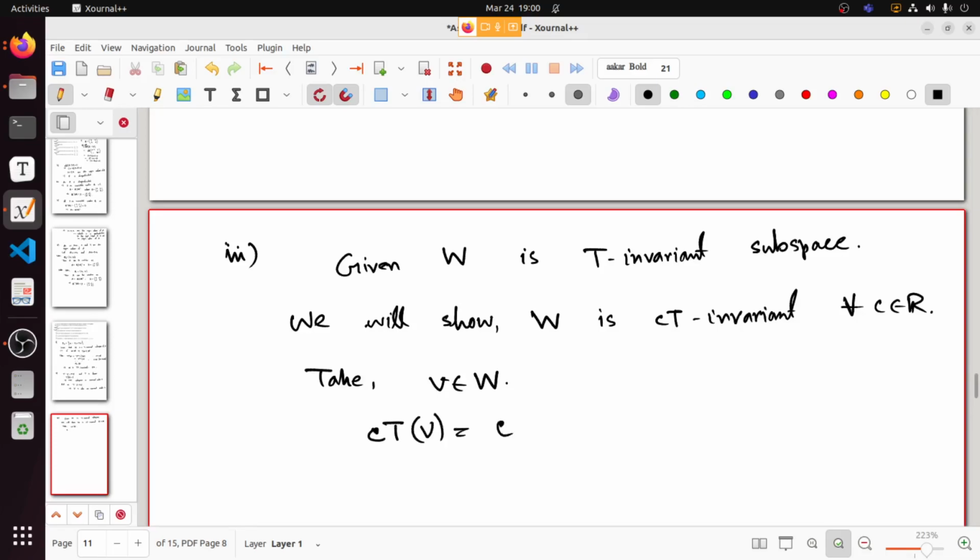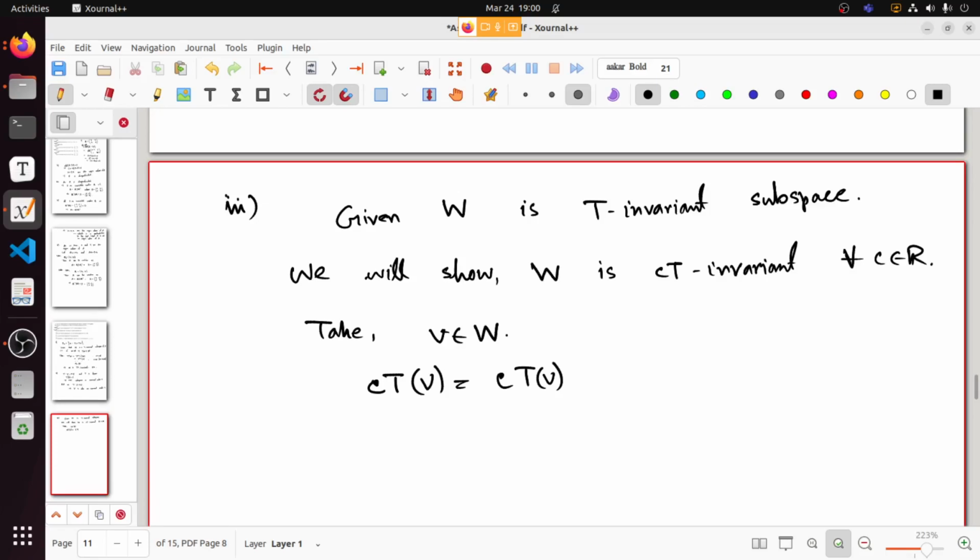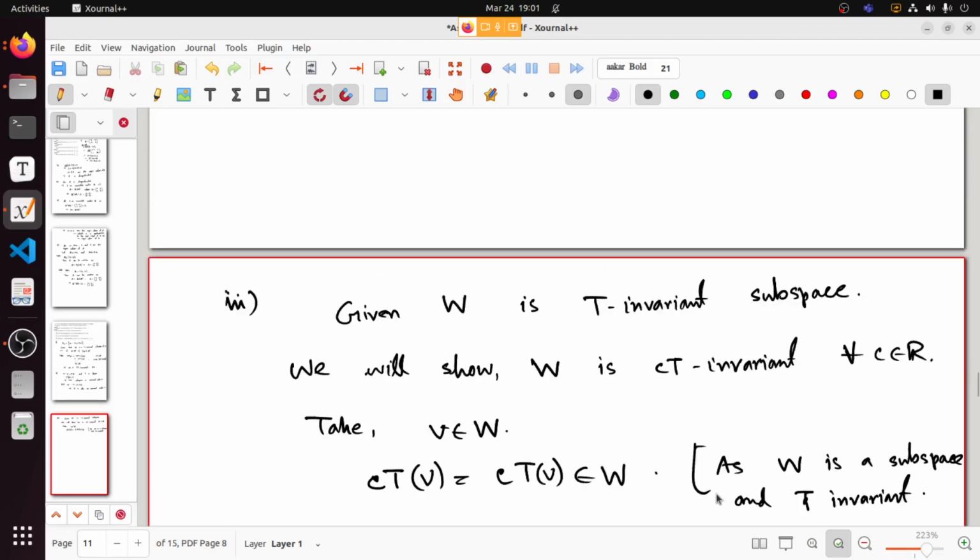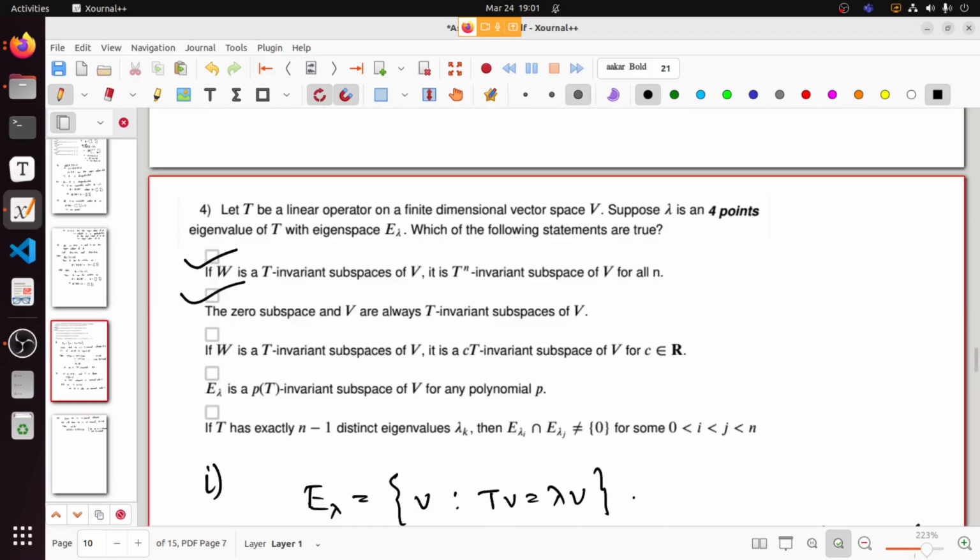So what will it become? cT of v, and as W is T invariant, T v is in W, and as W is a subspace, c times T v will also be in W. Right, so this is what you have to show, which implies W is cT invariant. So option number 3 is also correct.